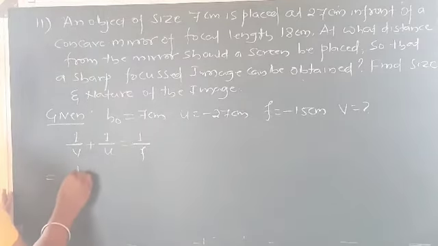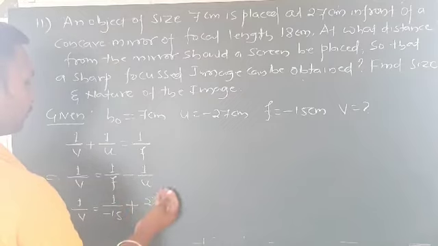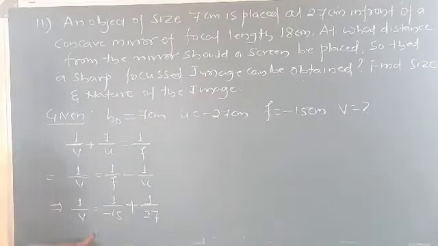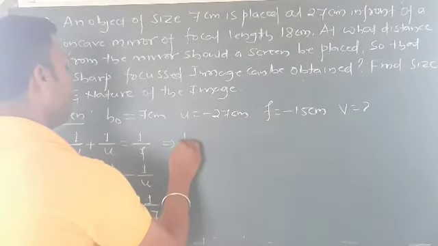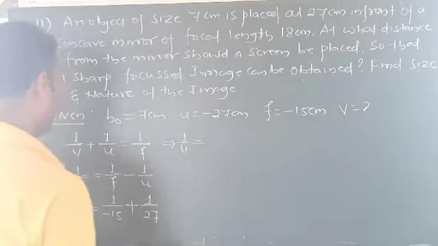So 1 by v is equal to 1 by f minus 1 by u; we transfer u to that side. Now we can substitute the values: 1 by v is equal to 1 by minus 15 minus, and u is minus, so here we have plus 1 by 27.